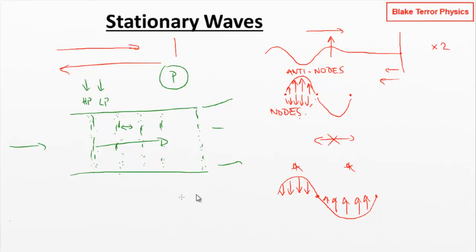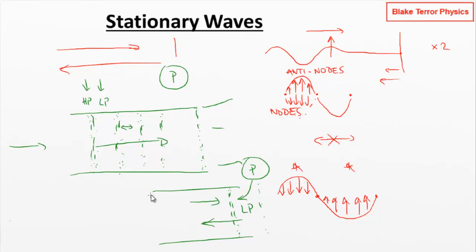The next thing we're going to see is the opening of the tube is going to be a low pressure bit. So we've got the high pressure here. The previous high pressure bit has just left. We've now got low pressure there with general pressure on the outside. So we're going to get a sort of suction effect where the higher pressure outside the tube is going to force air back into the tube in the opposite direction, into this low pressure region. So that is going to start up the reflected wave, which is going to go the other direction down the tube. This is going to happen at both ends.